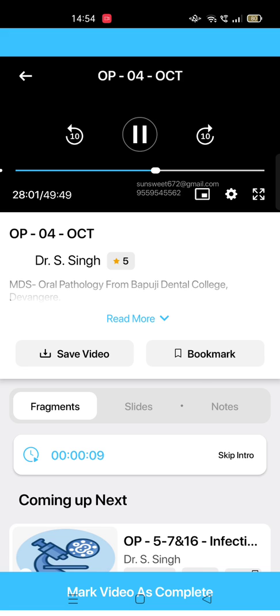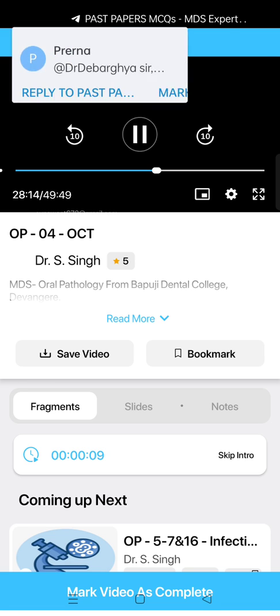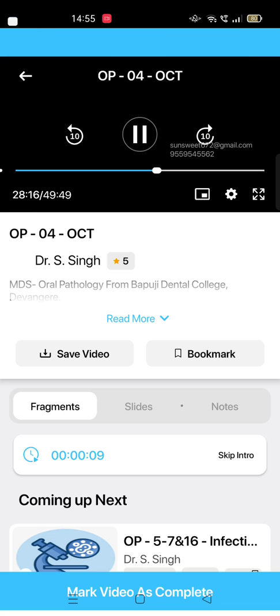Then is glandular odontogenic cyst. As the name suggests, it has the features of gland as well as the epithelium is odontogenic. So this is also called sialo-odontogenic cyst. Sialo is the word for gland. And it is also called mucoepidermoid cyst, not the neoplasm.